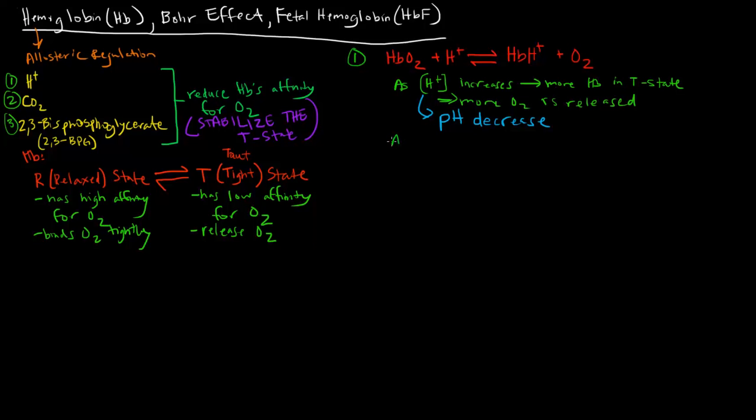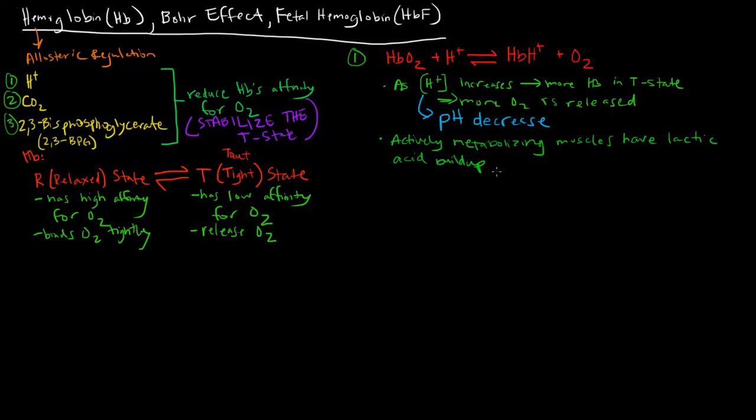Actively metabolizing muscles, for instance, have lactic acid buildup. You might have heard that when you exercise, you get soreness in your muscles. That soreness is due to lactic acid buildup.